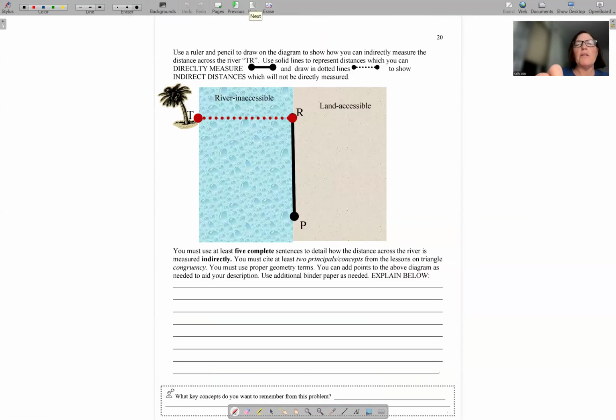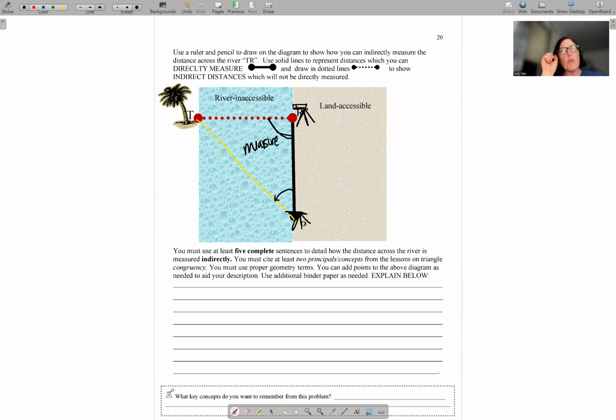From the riverbank, you could put your tripod here using your telescope and your protractor. You could measure without getting your feet wet. You could measure that angle. Can measure that. If you had an imaginary triangle here, you would be able to measure that.